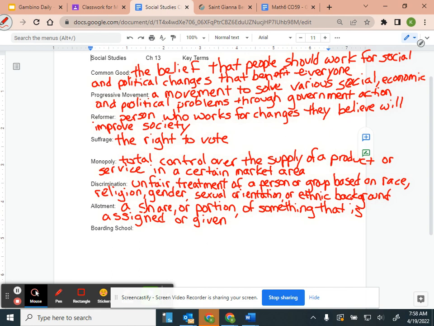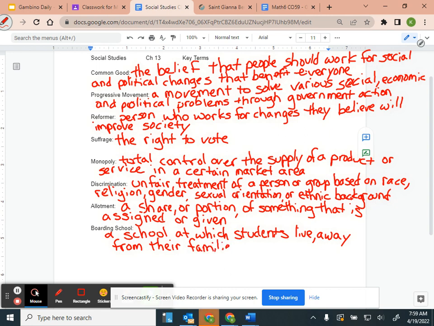Boarding school is a school at which students live away from their families. We talked in the last chapter about people having boarders at their house, being a boarding house, having people live at their house and pay them to have a room or place to sleep.